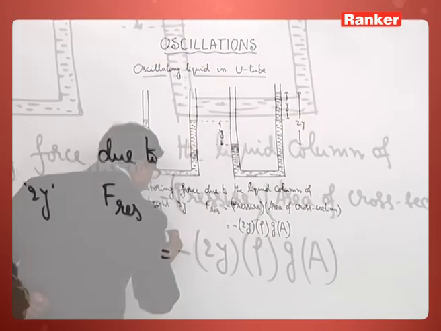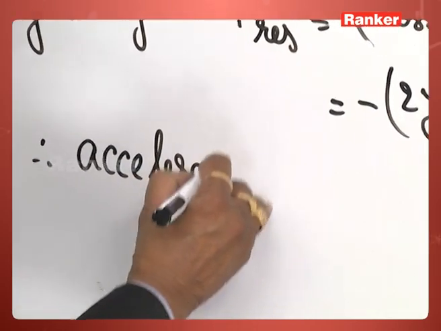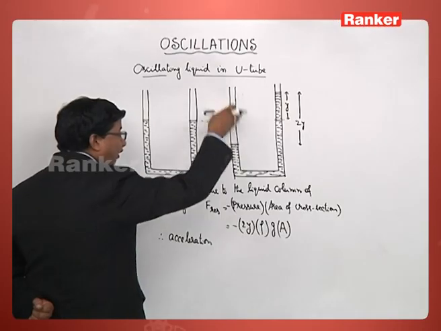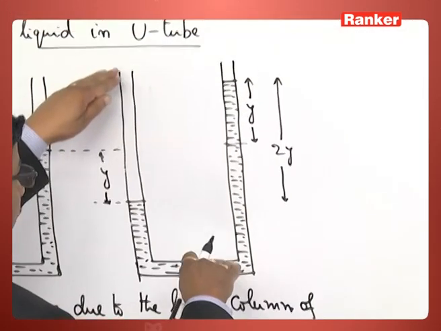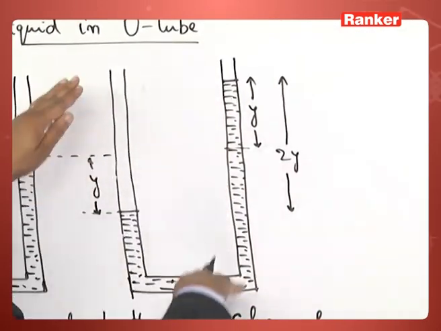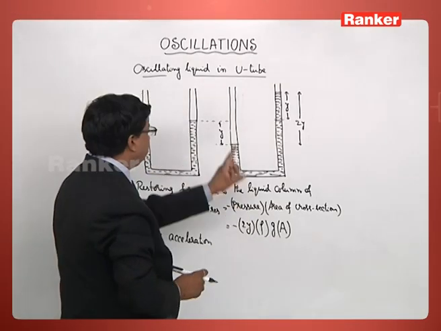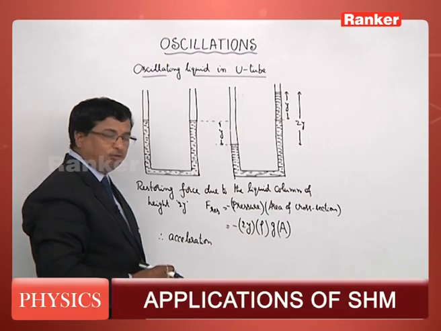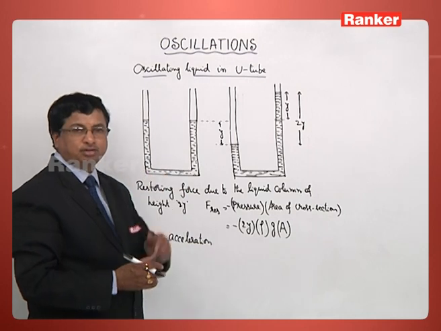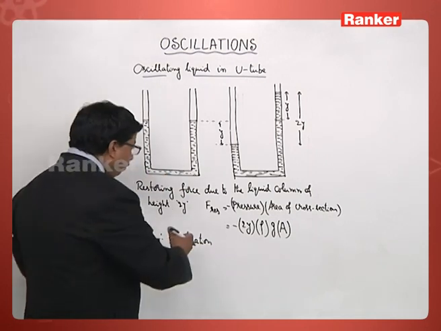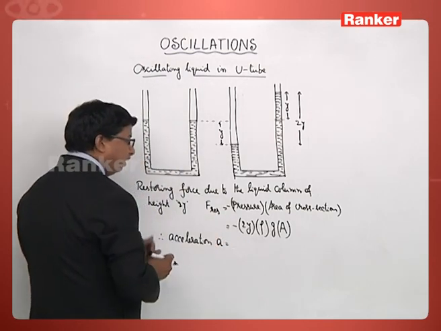When this is the restoring force, what would be the corresponding acceleration of that oscillating liquid? What happens in this case? This level comes down, this goes up, this comes down, this goes up. Continuously the liquid oscillates to and fro about the mean position of rest, which of course can be taken as simple harmonic oscillation. So what would be the acceleration now? It is the restoring force divided by the mass.